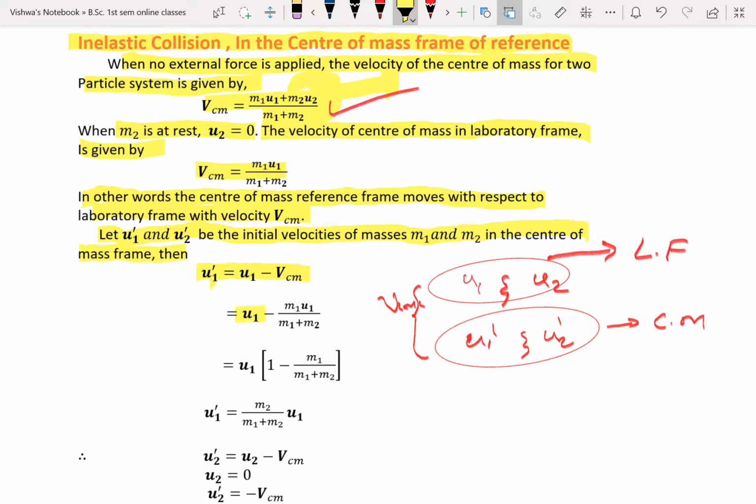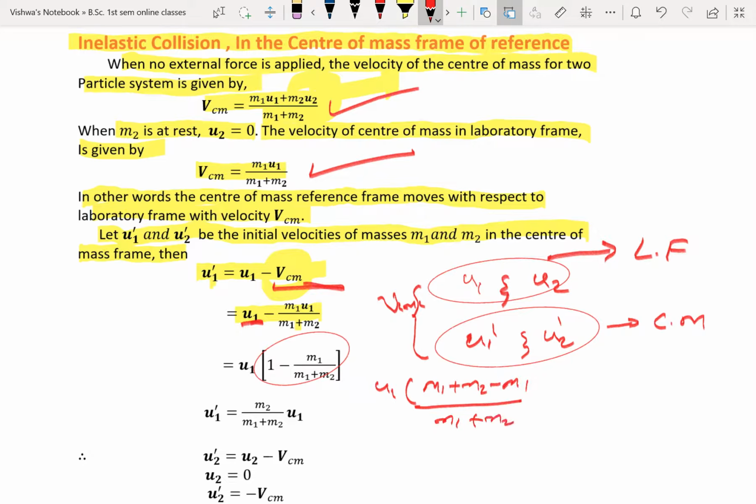Then u1 minus m1 u1 / (m1 + m2), because we already know the velocity of center of mass; from this equation we substitute the value of v_cm. Now u1 is common, so it becomes u1 (1 - m1/(m1 + m2)). Simplify again, taking m1 + m2 as LCM, u1 (m1 + m2 - m1)/(m1 + m2).